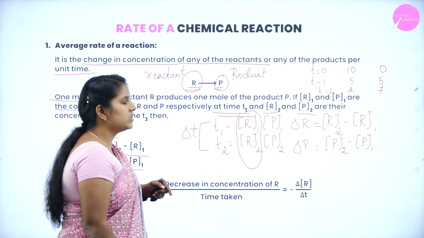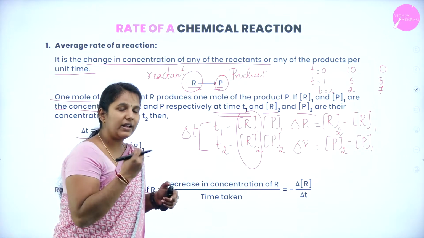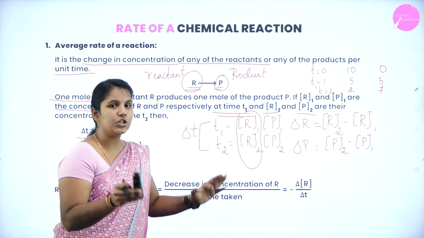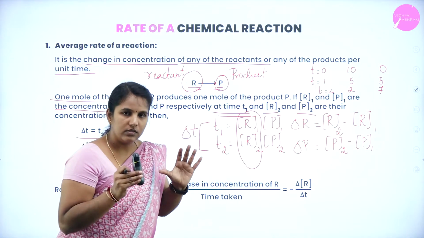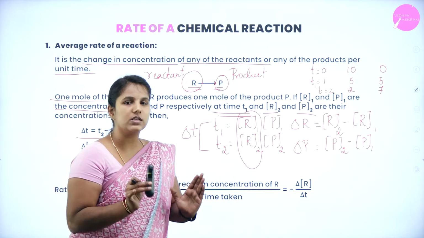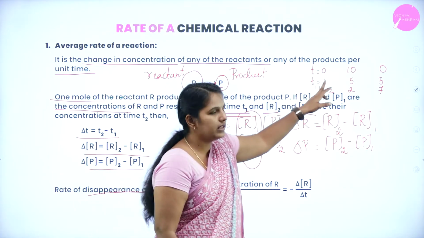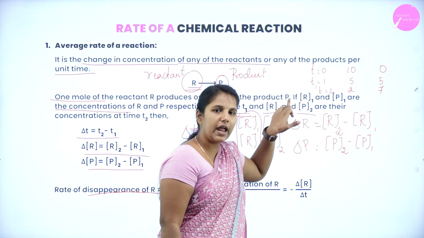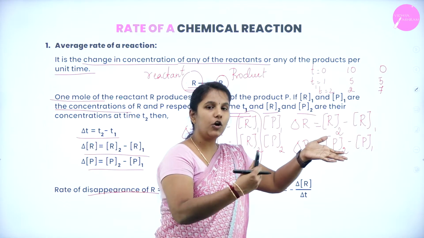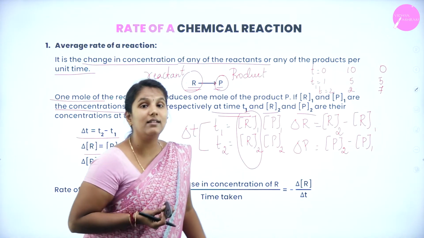So here I have assumed values for the time, reactant and product. By this we can clearly understand that at time 0 the entire concentration of the reactant remains as such, so I will consider it as 10. But at later times, the reactant is giving rise to the product, so the concentration of the reactant starts decreasing as the time increases.